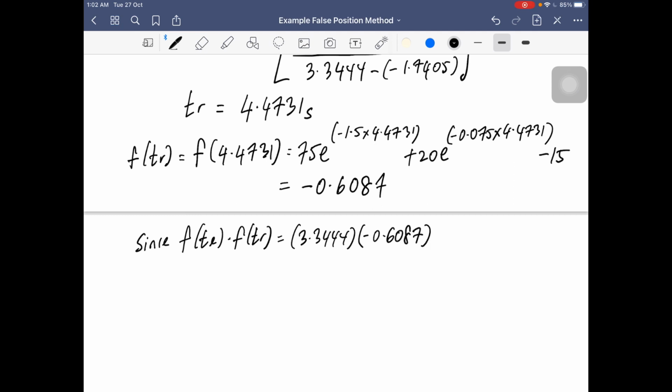So this gives us, of course, a negative value, so less than 0. So we can say that the root lies in the lower subinterval.